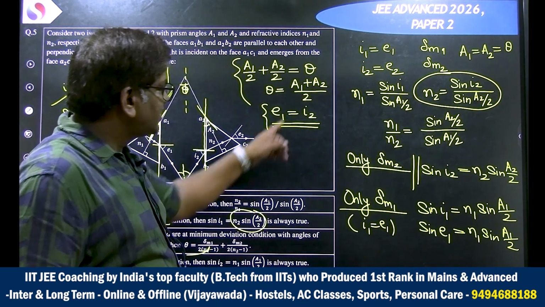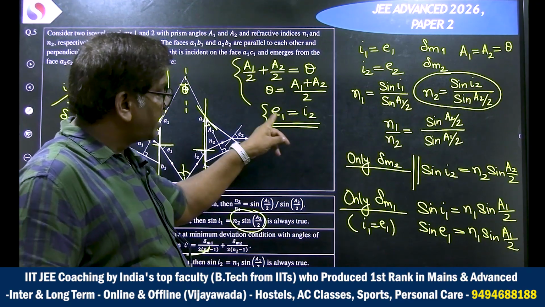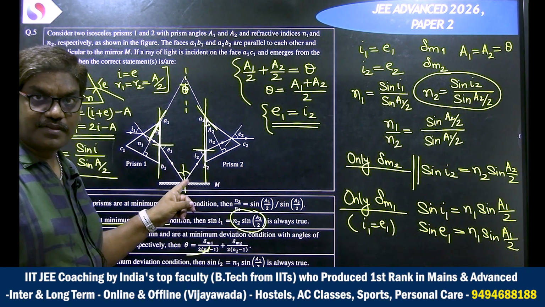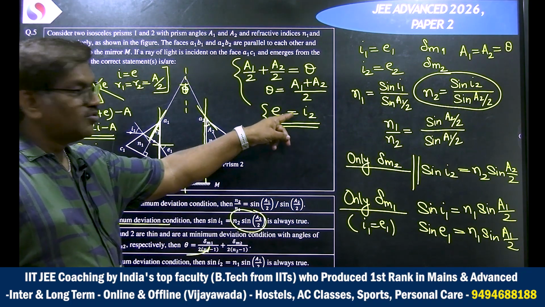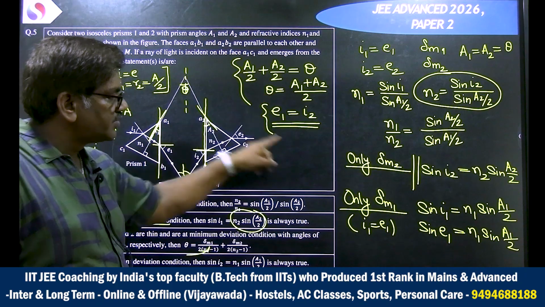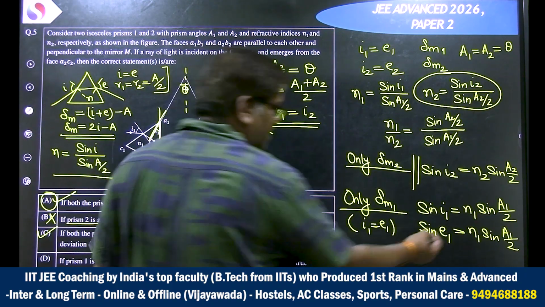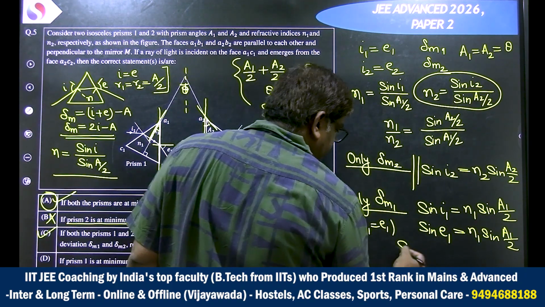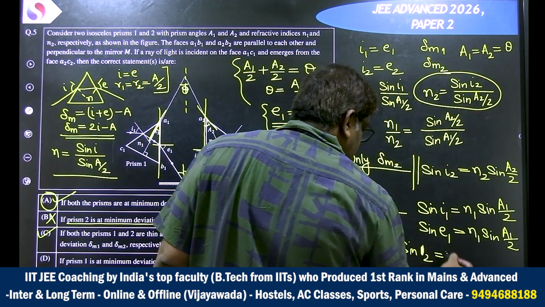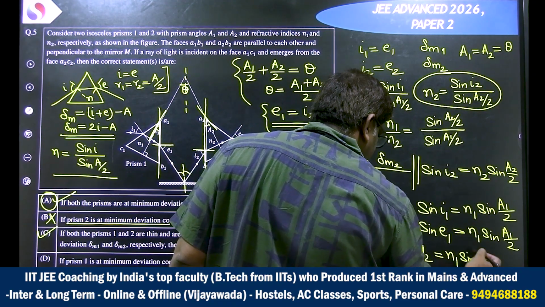And as I wrote in the first condition, E1 is always equal to I2 because of this reflection thing. No matter whether the condition fulfills the minimum deviation or not, this is always true. So I can replace my E1 by I2. That means this sine I2 will be equal to N1 sine of A1 by 2.